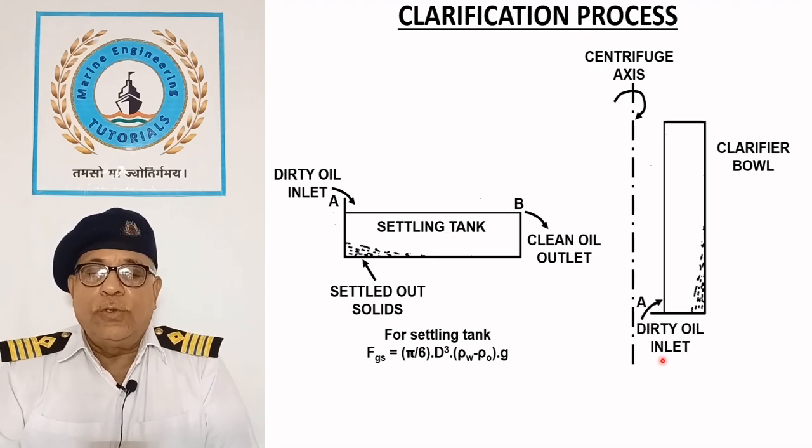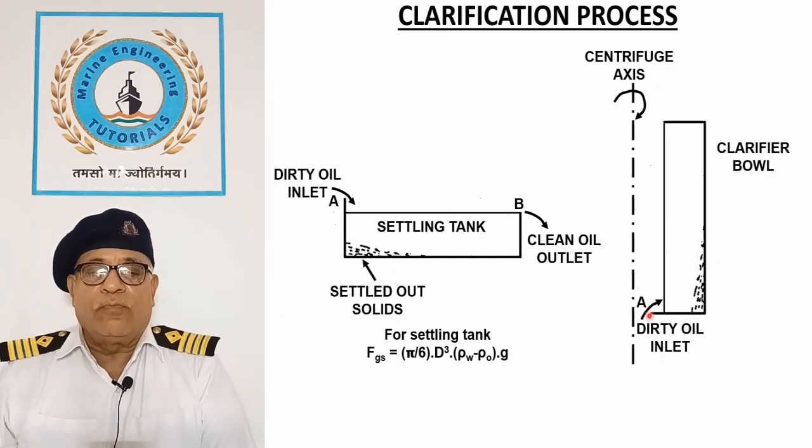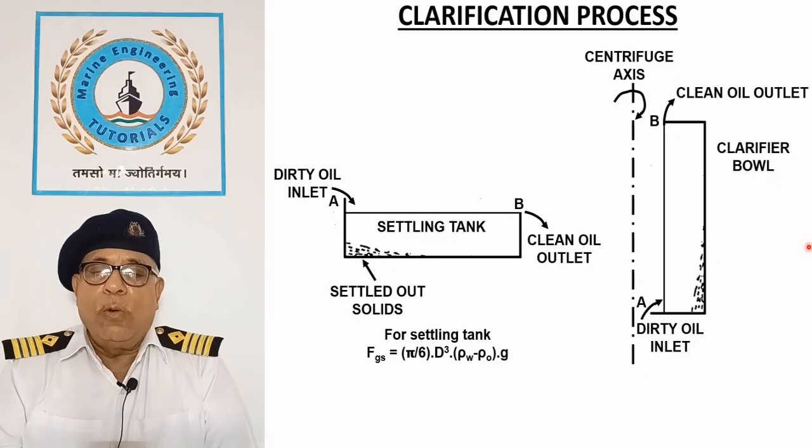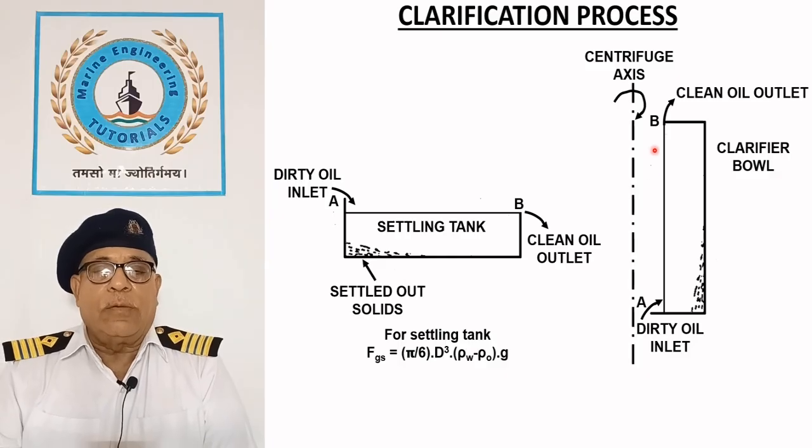The centrifuge is now fed with dirty oil from the inlet A at the bottom. When the bowl fills with oil, clean oil starts coming from the outlet B.